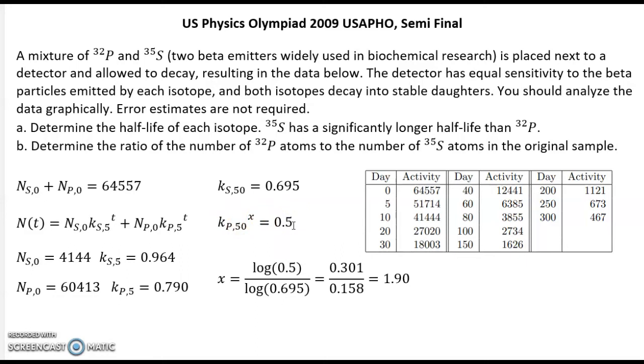That's a half reduction. And this will give us x equal to 1.90. And this coefficient was for a time period of 50 days. So we need to multiply these 50 days by this x to find the total half-life.